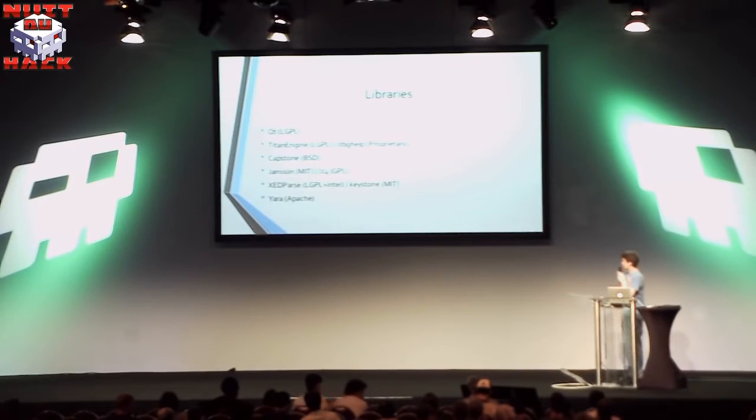Now, there's a few libraries that x64dbg uses. The first is Qt, which is the graphical user interface. It's a great library, and since x64dbg is GPL, it's compatible. It's great for productivity, so that's why I decided to use Qt. Then there's Titan Engine, which handles the debugging internals, like these debug events.